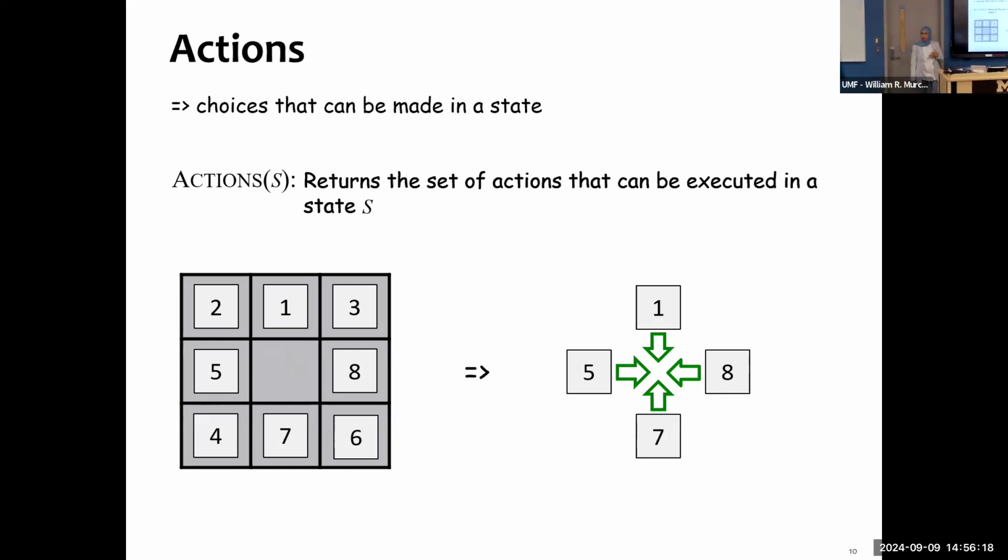In order to make it programmable within a computer, we need to assimilate it to a mathematical function. Here the function is called ACTIONS(s). This s is the input, which is the state, and ACTIONS(s) is going to return the set of actions that can be executed in a given state s. The different actions here are, for example, slide to the right, to the left, up or down.